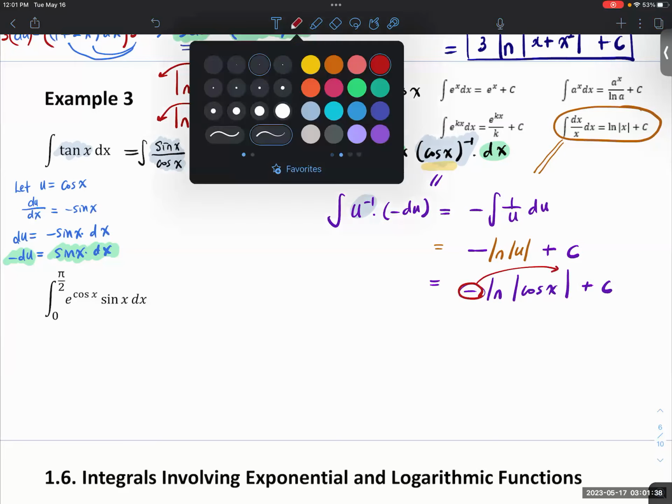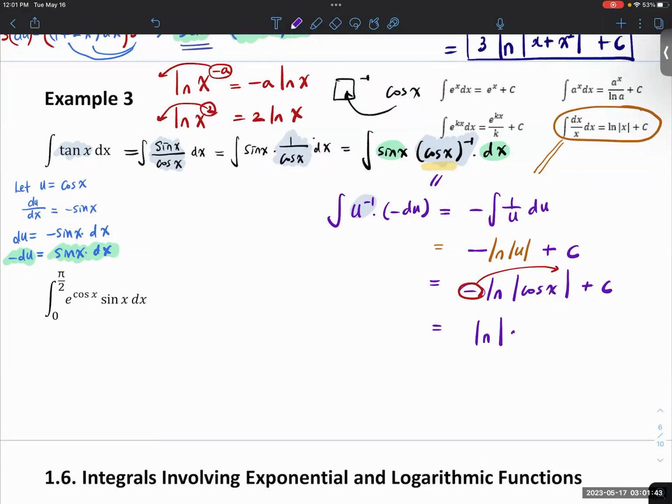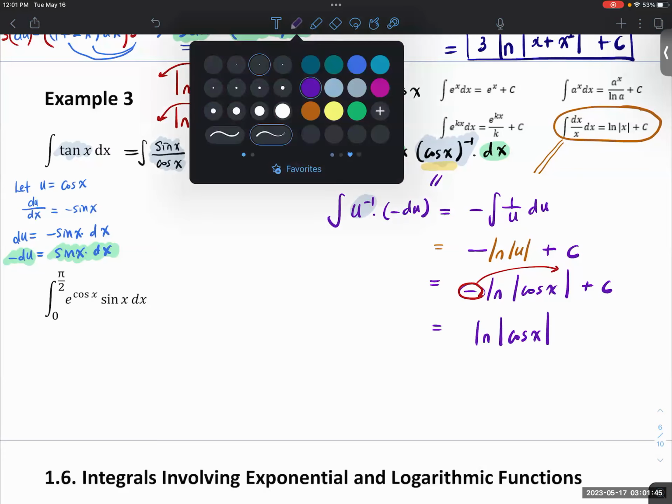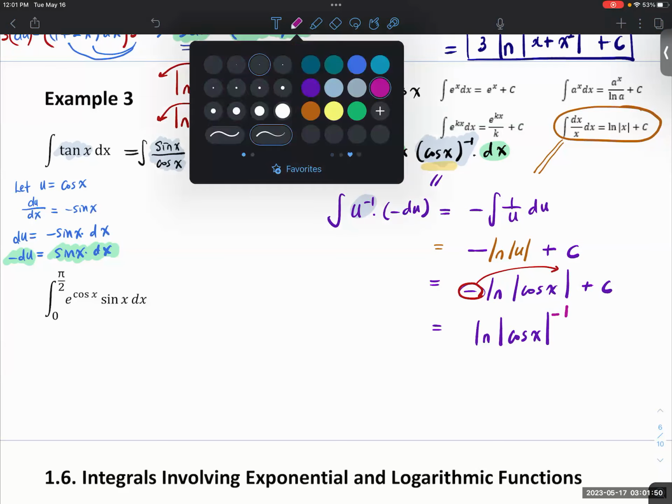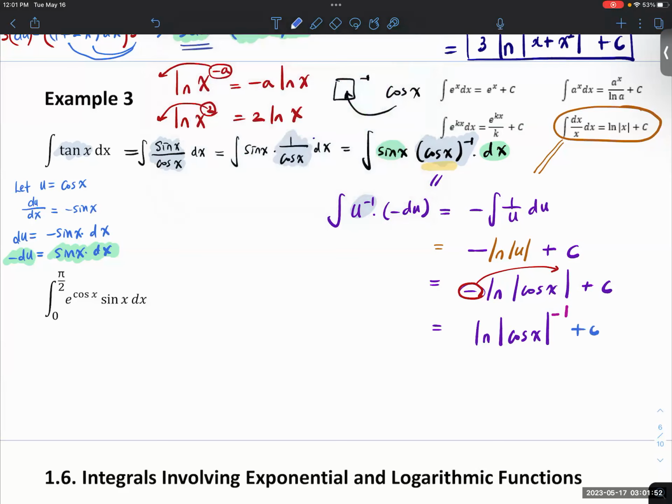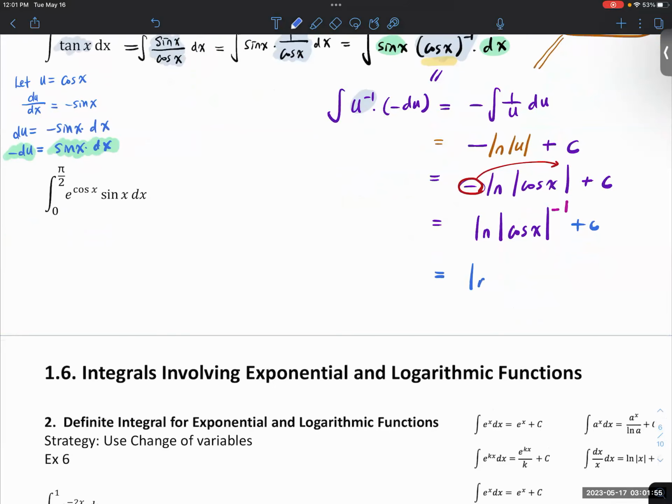So what I'm saying is, ln cosine x to the -1, plus the c at the end. And this means I can bring this -1 inside, so negative cosine x to the, this is 1/cosine x plus c.